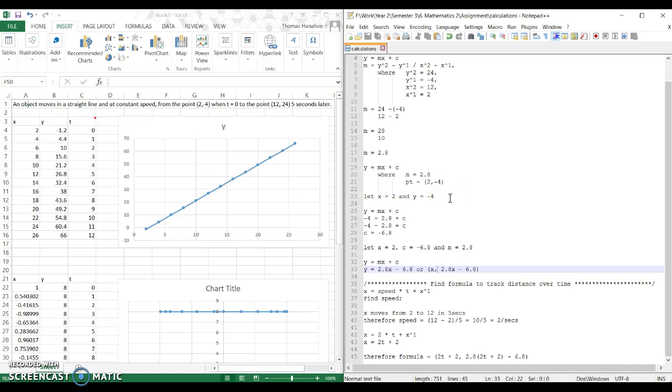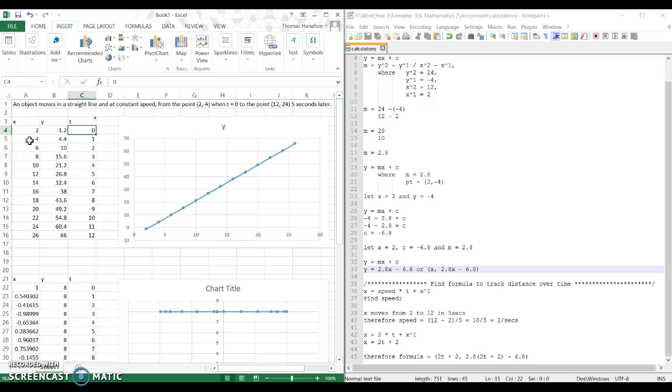Once I had figured the formula out, I put it into the Excel document. So first off, I had my x value, my y value, and my t value. These values here for t were just randomly selected. I decided to use from 0 to 12. I could have used from 0 to 50 or from 0 to any amount of number that I wanted.